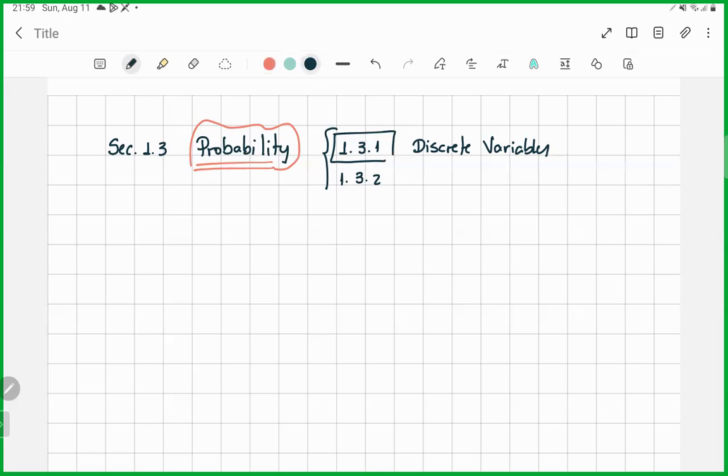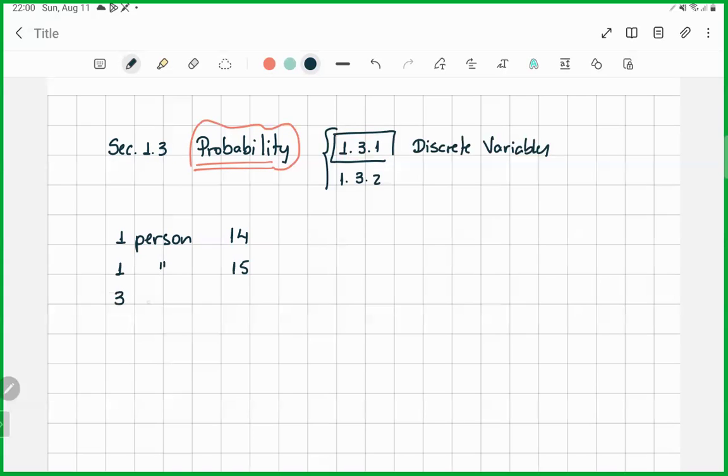So to introduce these concepts, we are going to start with a problem, a scenario, which is the following. We'll have a room with 14 people. One person is 14 years old. Another one is 15.